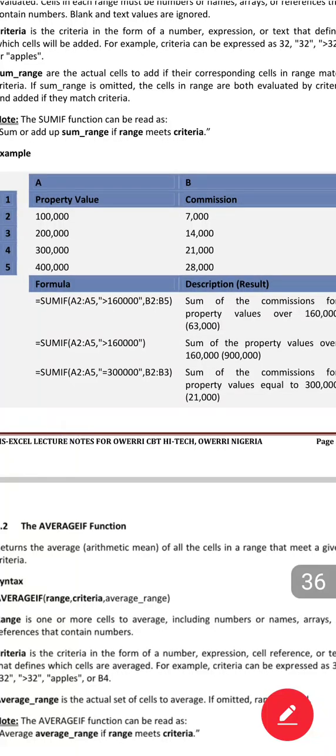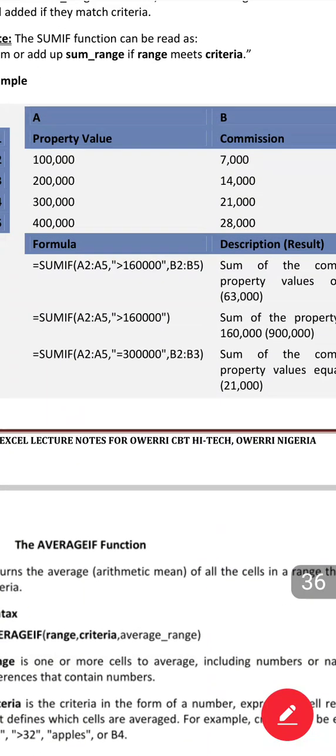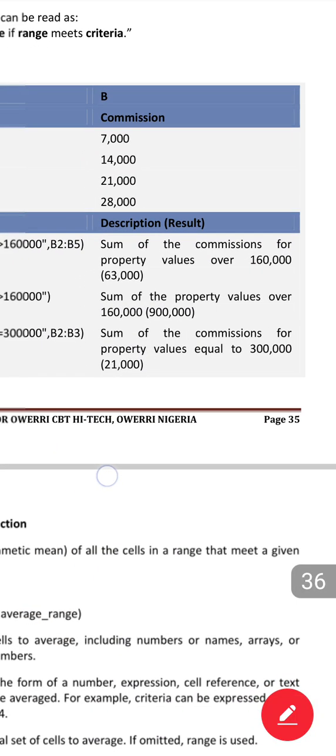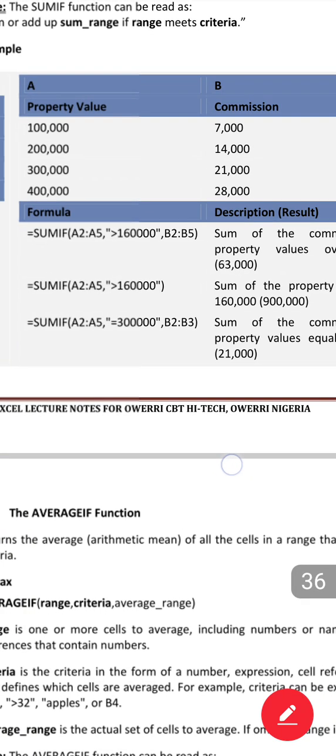Also, we use the SUMIF formula as A2 to A5, ">1,60,000". So the sum of the property values over 1,60,000 means 99 lakh.